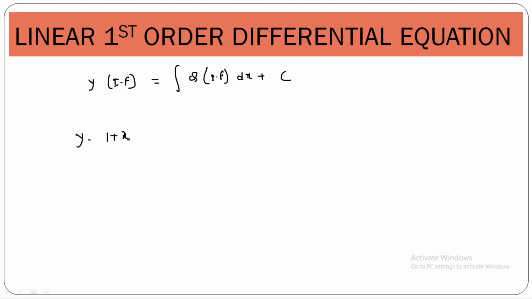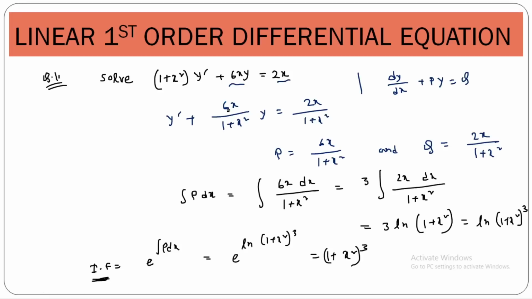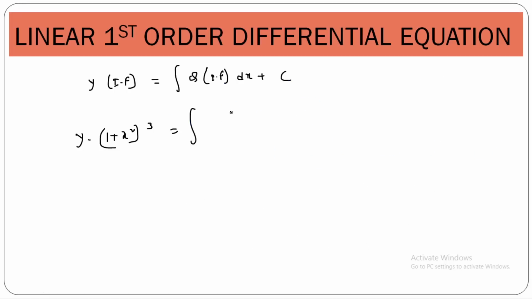IF is 1 plus x square whole cube, is equal to integration, what was our q? q was 2x upon 1 plus x square. So it is 2x upon 1 plus x square into IF, meaning 1 plus x square whole cube, dx plus c.